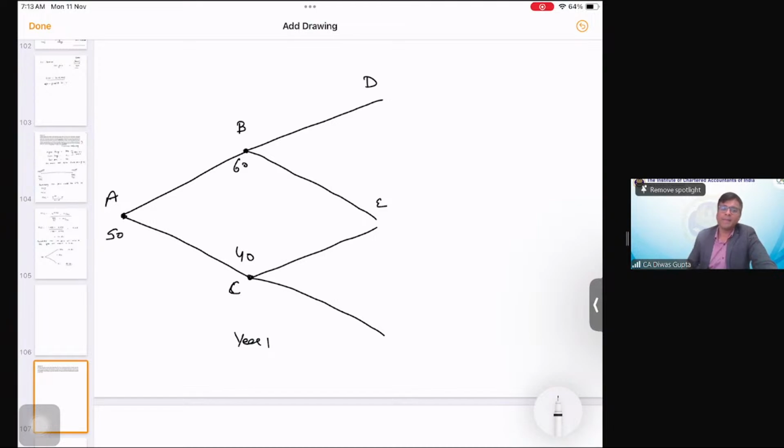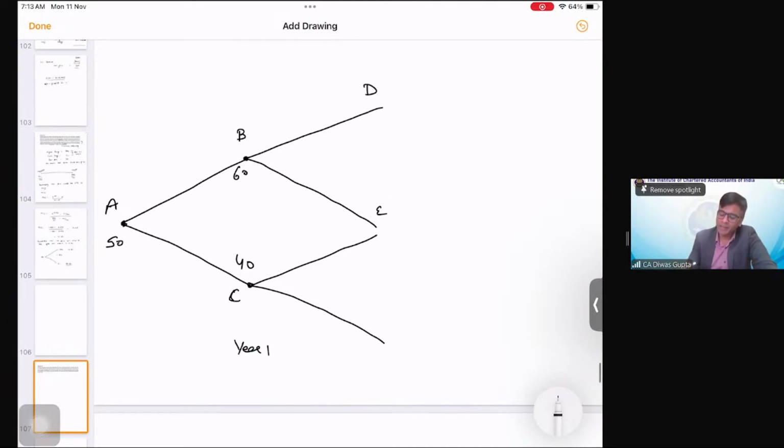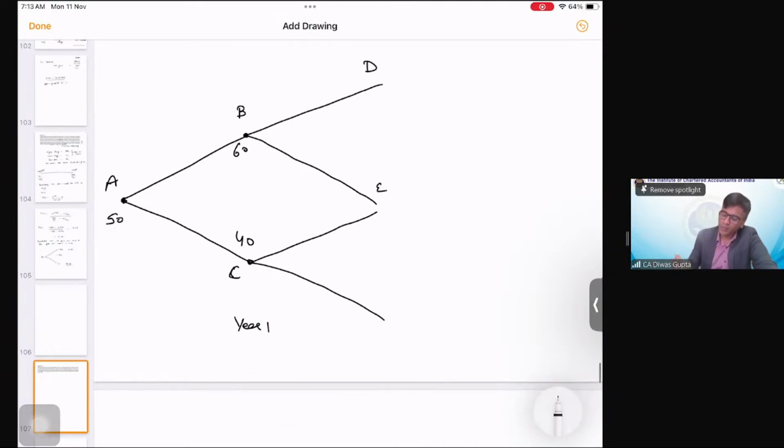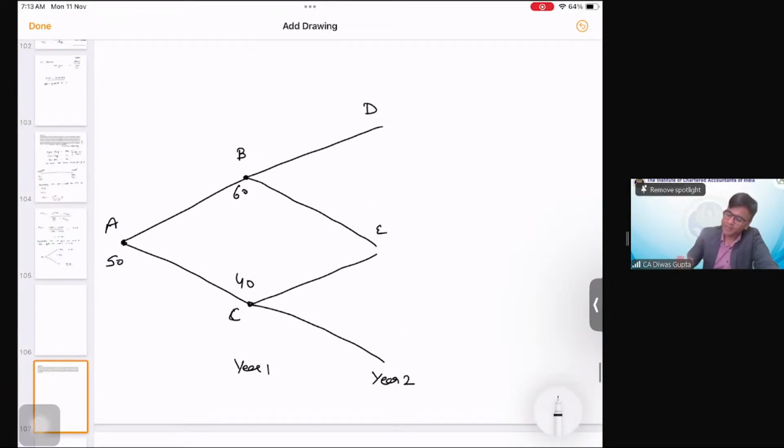Yes, students. Tell me how much 60 can become from year 1 to year 2. 72. Yes, 72 on a higher value. 48. Yes, very good. The next one will be 48.